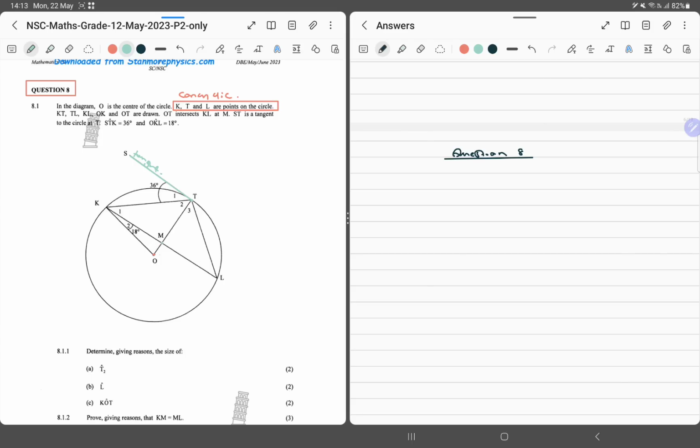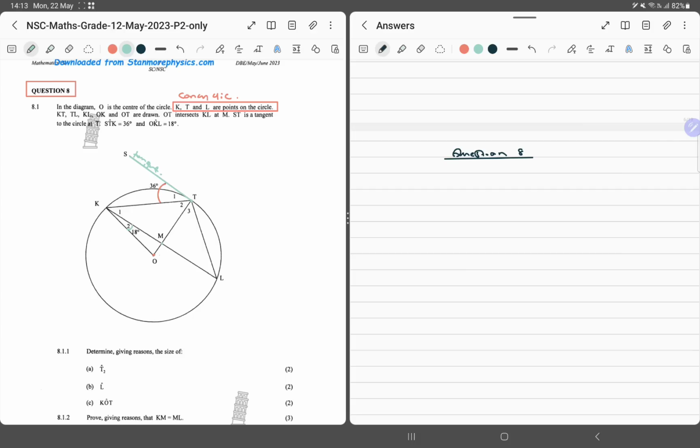The point of tangency is point T, and then STK is 36 degrees, so it's already indicated, but we may just want to accentuate that. So that is 36 degrees, and OKL is 18 degrees. We also may want to accentuate that so that we can see it nicely.